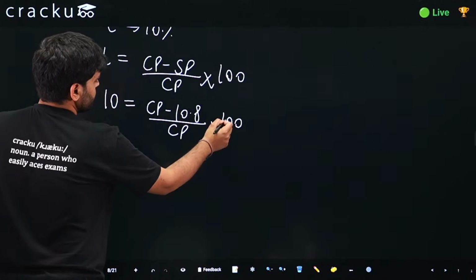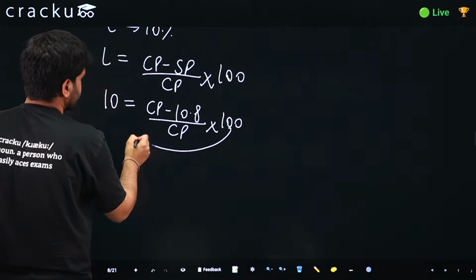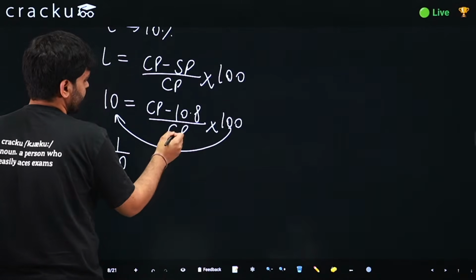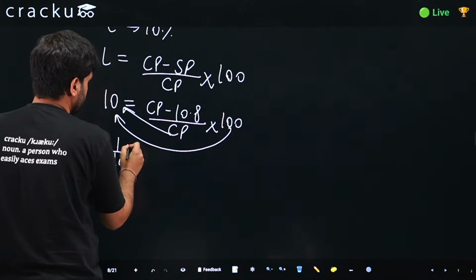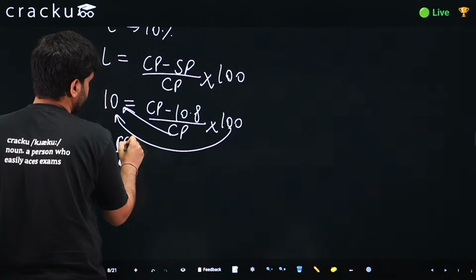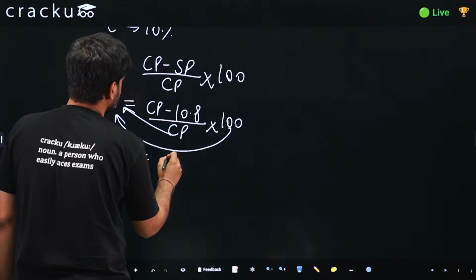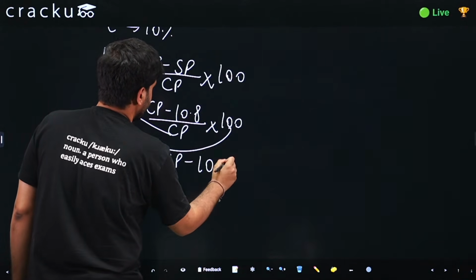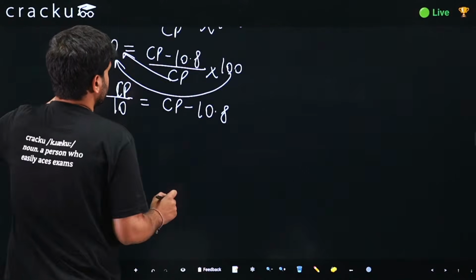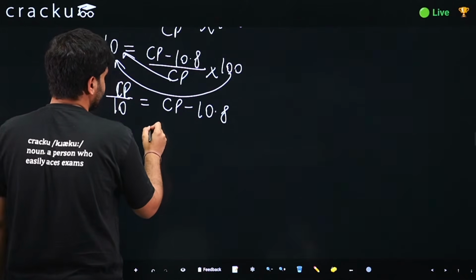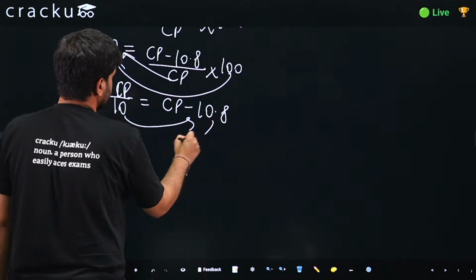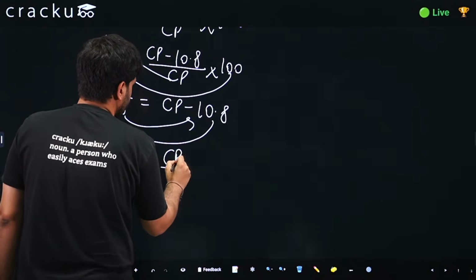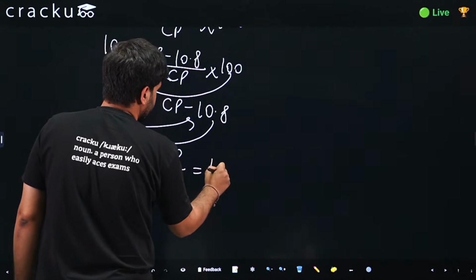Now if we get this term here in denominator, it would be 1 by 10, and also this term here, 1 by 10 into CP, which would be CP by 10. This equals to CP minus 10.8. Now if we take CP here and this here, it would be CP minus CP upon 10, this equals to 10.8.